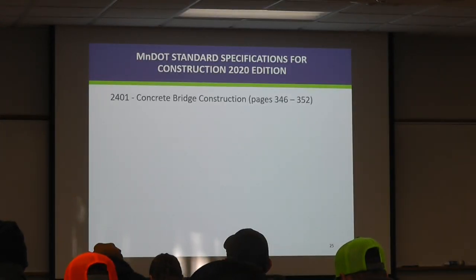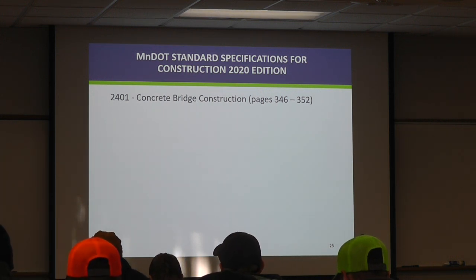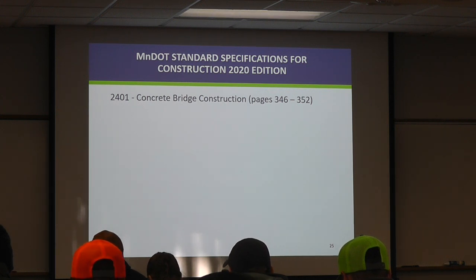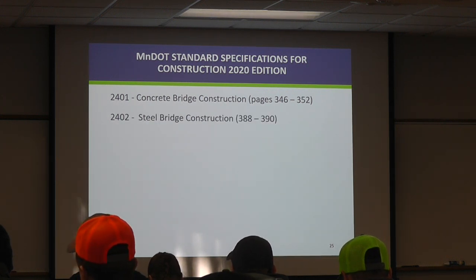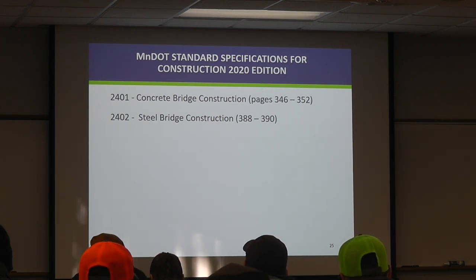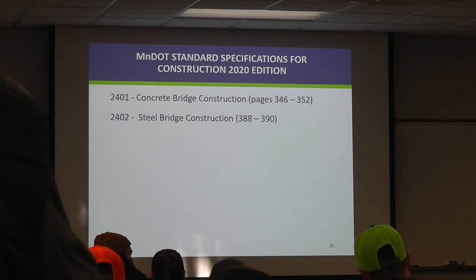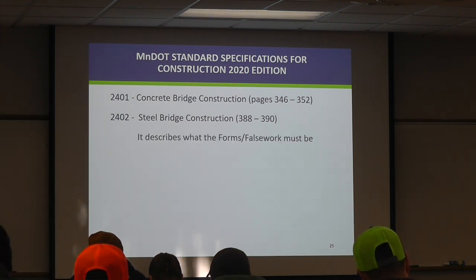So what do our specs say? We already said we opened at page 346 of our specs, 347. Construction requirements are there. Steel Bridge also has some things, 388 to 390, talking about falsework and how things work.